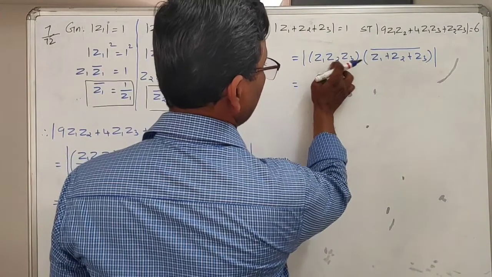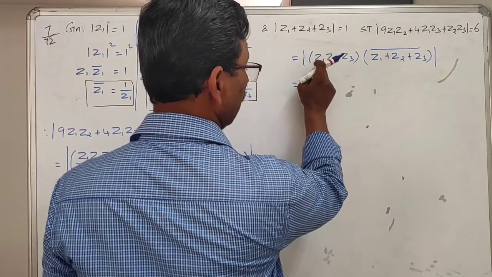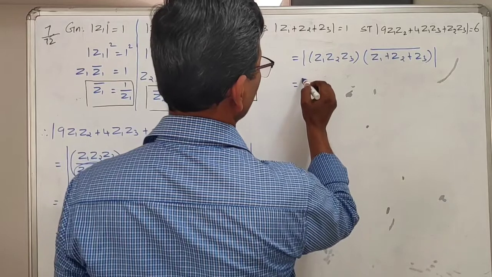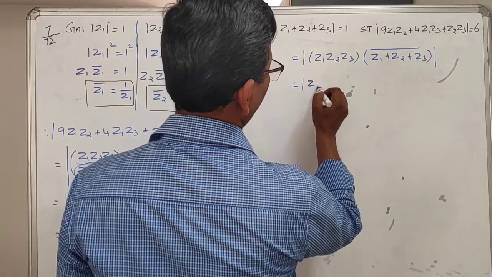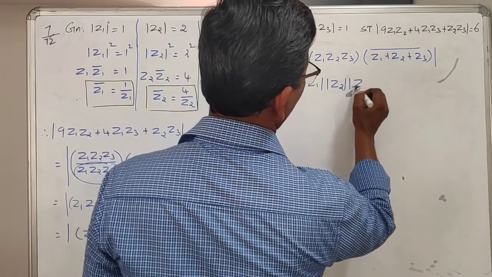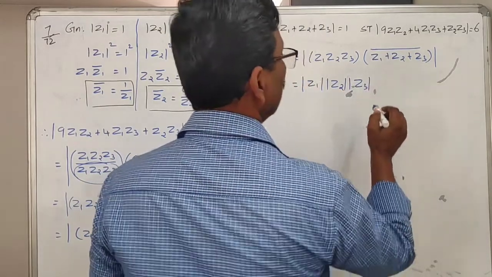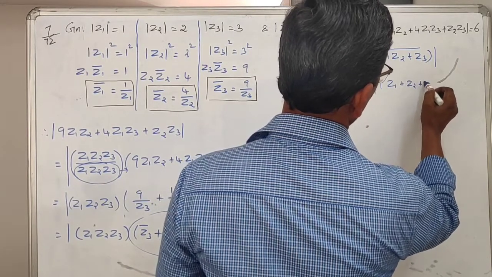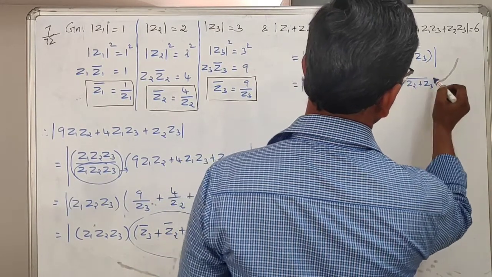See, this is a product, so you can take the modulus first, then multiply. Therefore, this is equal to modulus of Z1 into modulus of Z2 into modulus of Z3 into modulus of Z1 plus Z2 plus Z3 bar.